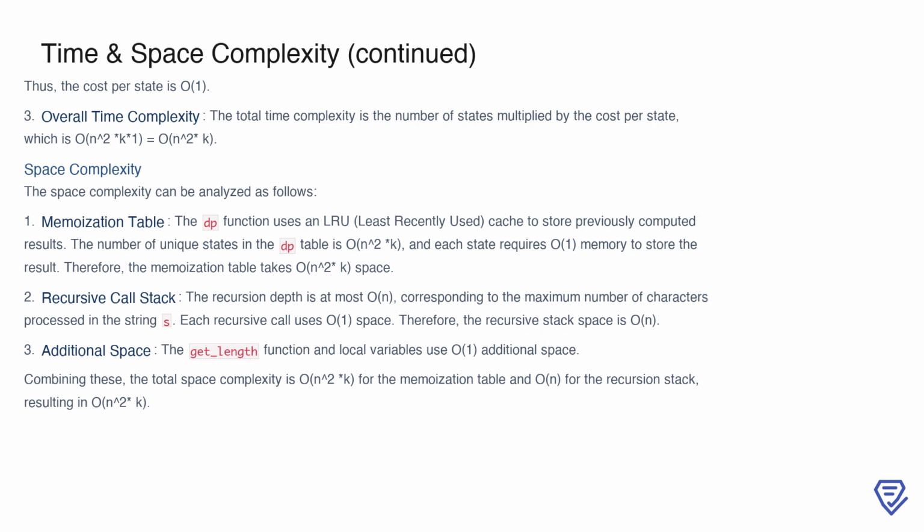At most, the recursion depth matches the length of the string, or n, and each call uses 1 space. Lastly, auxiliary space is minimal, with functions like get_length and other local variables requiring only 1 space. When we combine the memoization table and recursive stack, the total space complexity becomes n²*k, dominated by the table.